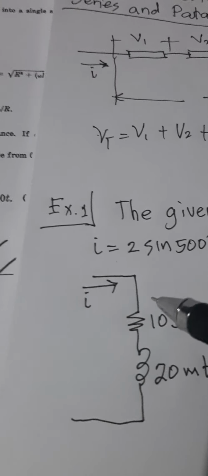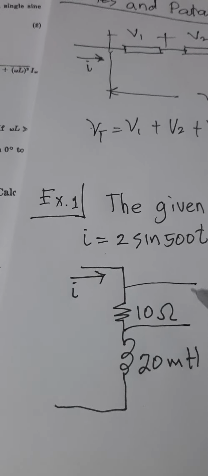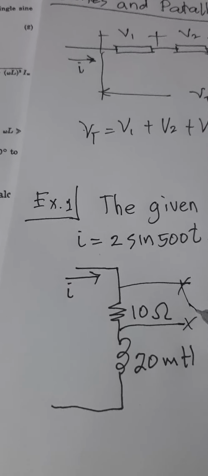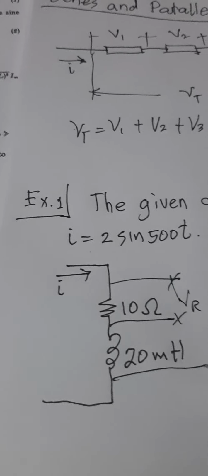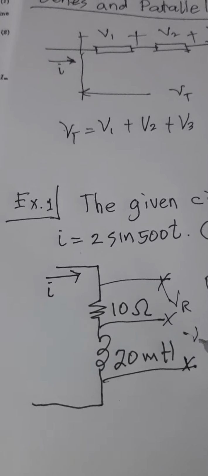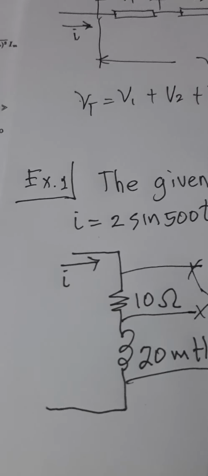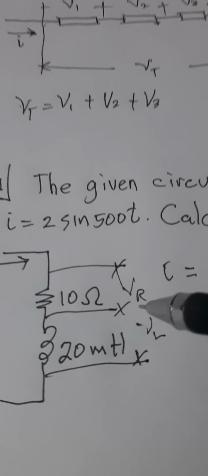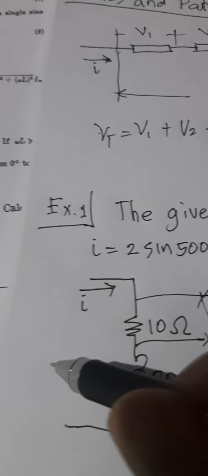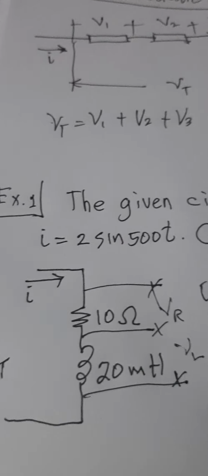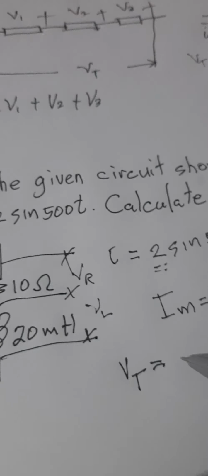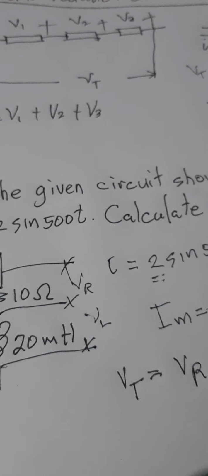Since they are connected in series, the voltage across the resistor, say VR, and the voltage across the inductor, VL, when added, will give us the total applied voltage. Kaya sa ating solution, total voltage equals VR plus VL.